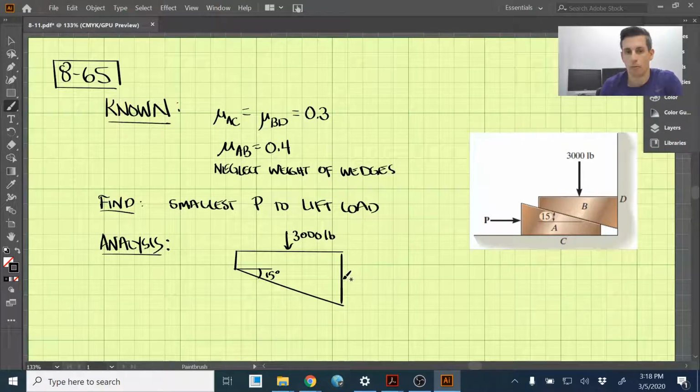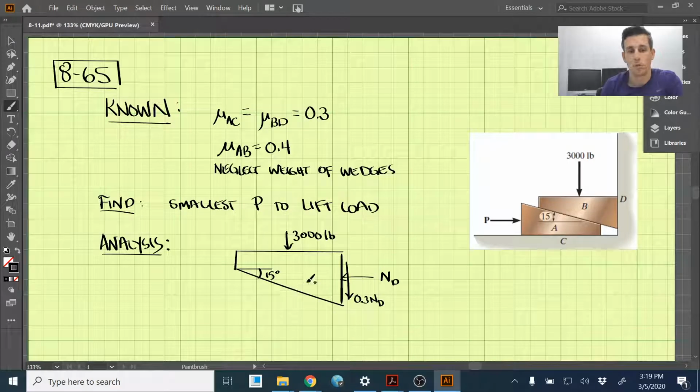We're going to have a normal force at the wall D here, and we're going to call that ND. And then we're also going to have a frictional force. As we push in here, it's going to want to raise this block up, block B, so the frictional force is going to be opposite of the motion. So we're putting that down, and it is the coefficient of static friction 0.3 times ND.